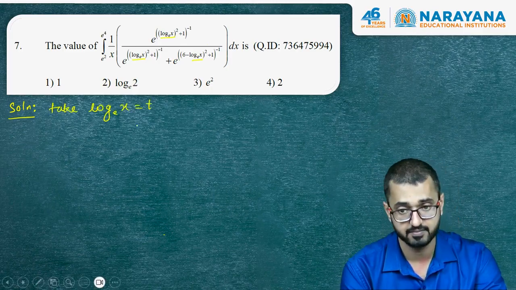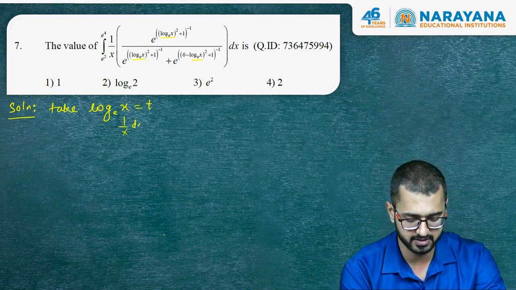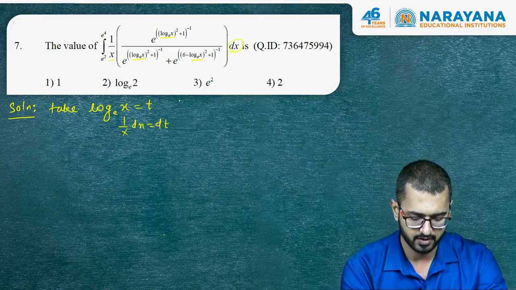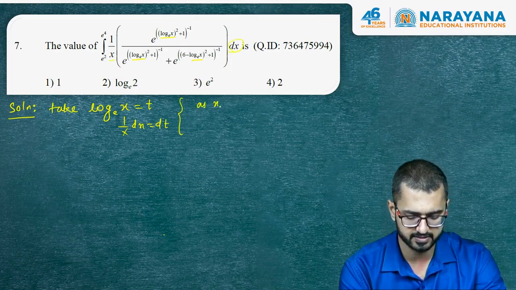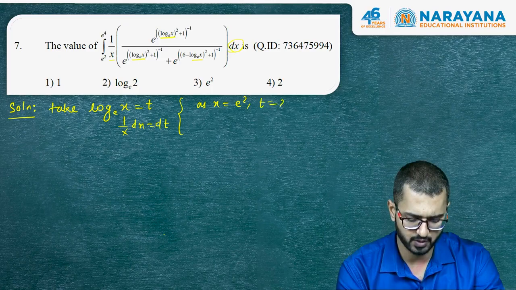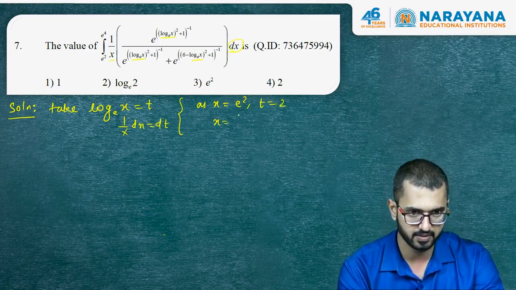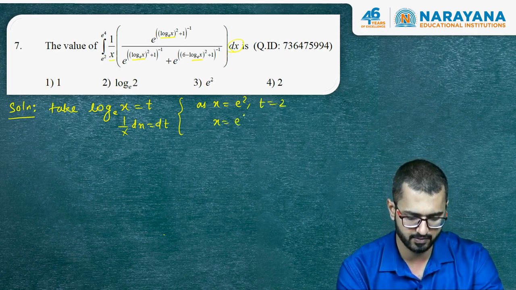We'll differentiate, so 1 over x dx will become dt. Now we'll change the limits. As x is e square, t will become 2, and when x is e to the power 4, t will become 4.